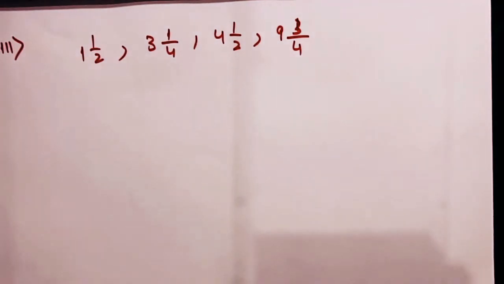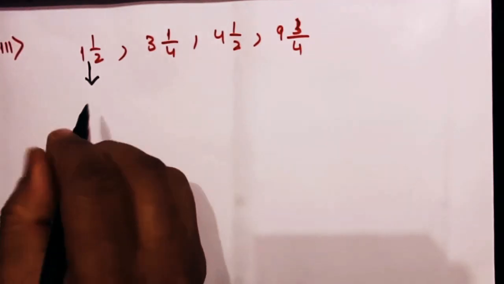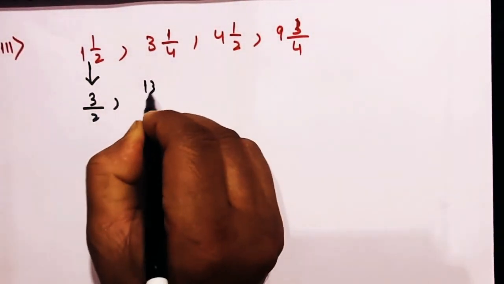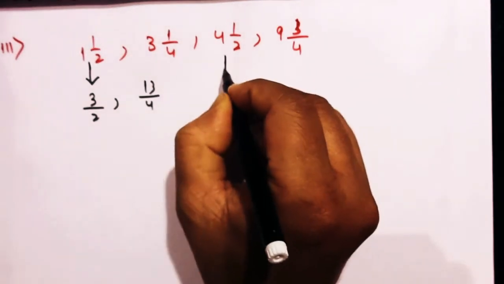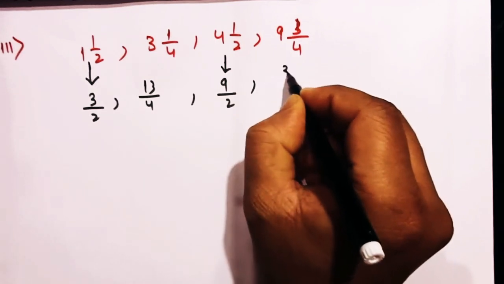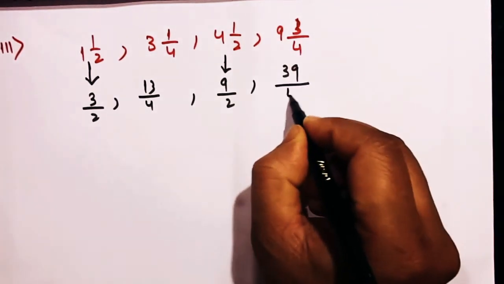Now before I begin, why not convert it into improper fractions? So here you get 3 by 2, then 13 by 4, then 9 by 2, and then 39 by 4, since 9 times 4 is 36, plus 3 is 39.